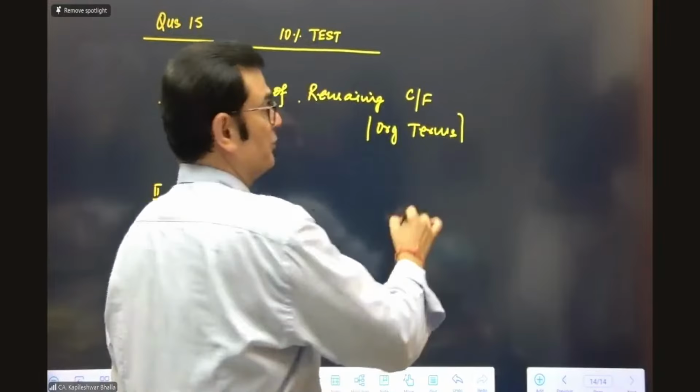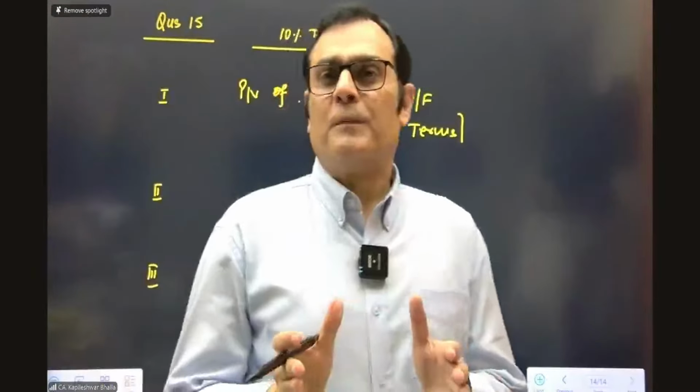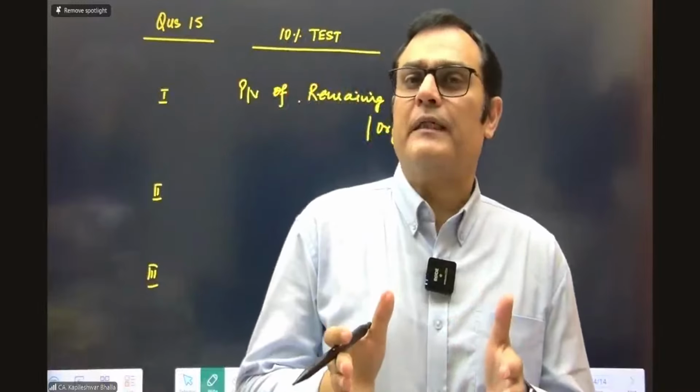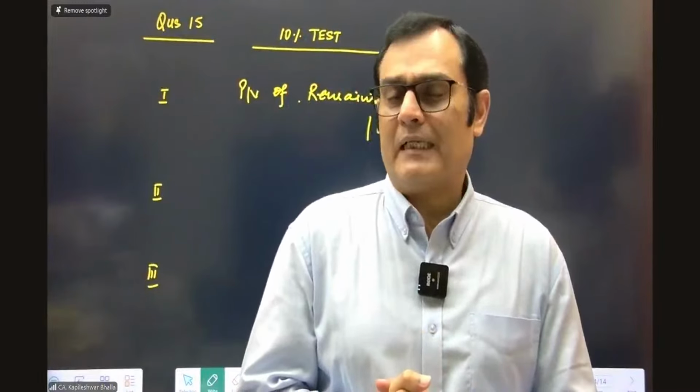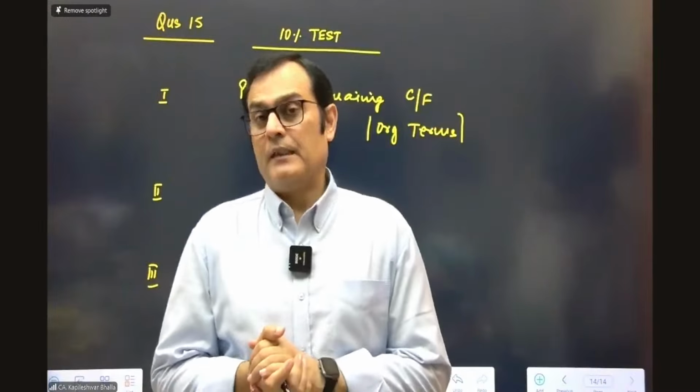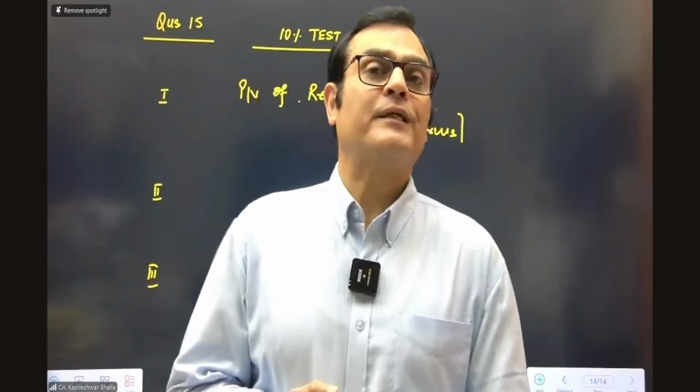Now, a quick question to you at this stage. The interest rate, coupon rate is 10%. The effective rate is also 10%. Can I conveniently say at any point of time, the present value of the remaining cash flows will always be equal to 10 lakhs?